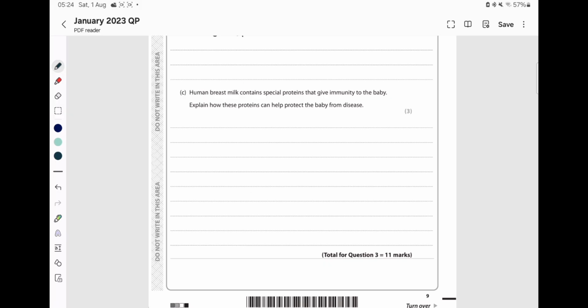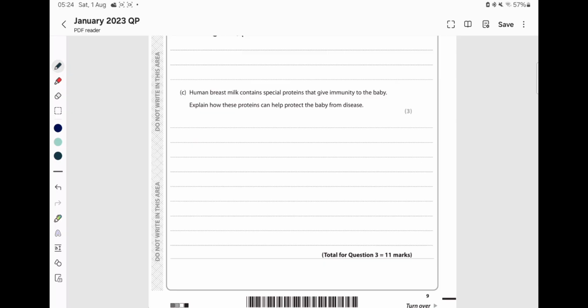So once they see these antigens in your body, they start sticking or clumping onto them, and then destroying or killing these bacteria, breaking them down, phagocytosis, any of those methods.